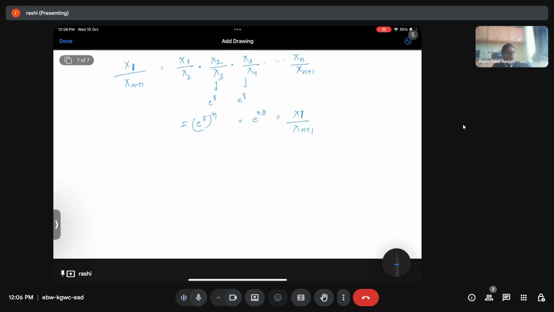So we are going to have delta, the logarithmic decrement, as 1 by n ln of x1 by xn plus 1.